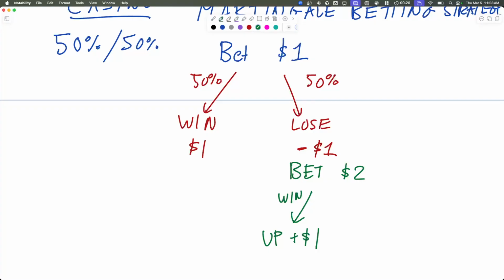Yeah? Well, if you continue this down, if you were to lose twice in a row, you'd be down $3. Oh, yes, exactly. Very good. So this is the weakness. Someone will point out, oh, but if you lose twice in a row, now you'll be at negative $3. The martingale people have an answer to this. Bet $4.